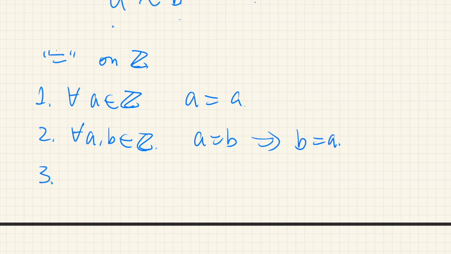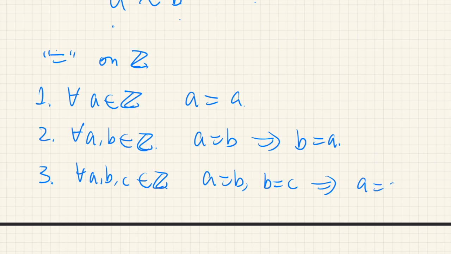And three is about transitivity. For any three integers A, B, C, if A is equal to B and B is equal to C, then of course A is equal to C. Therefore, equality on integers is an equivalence relation.